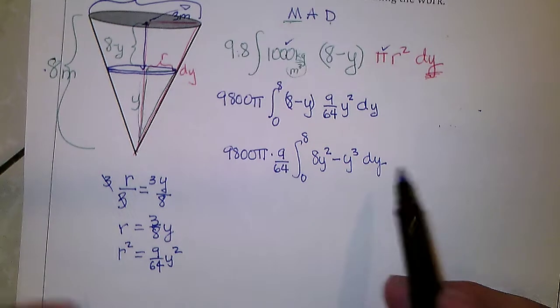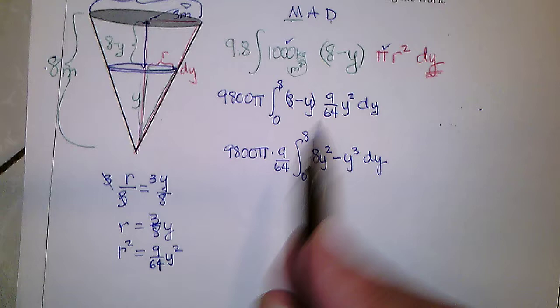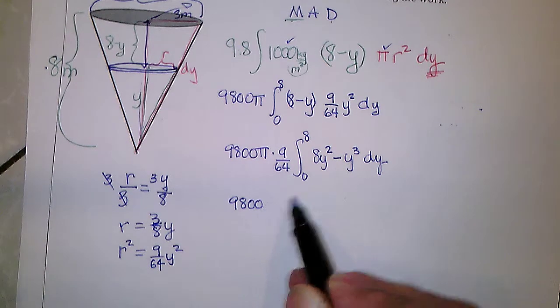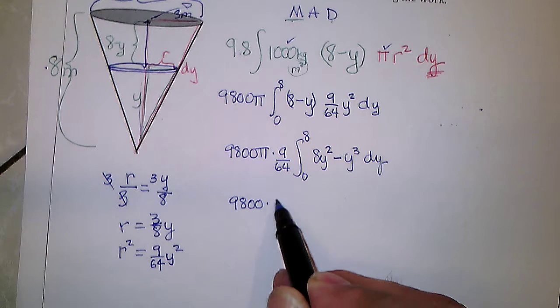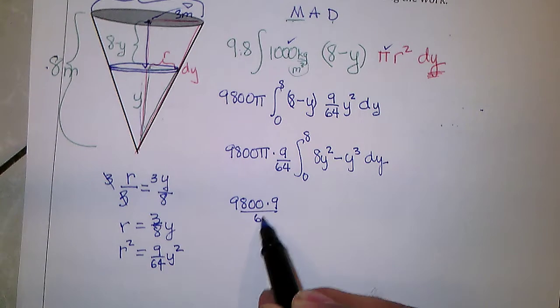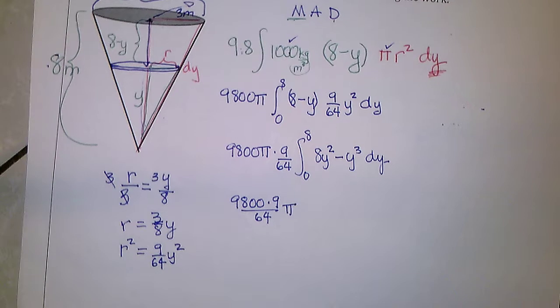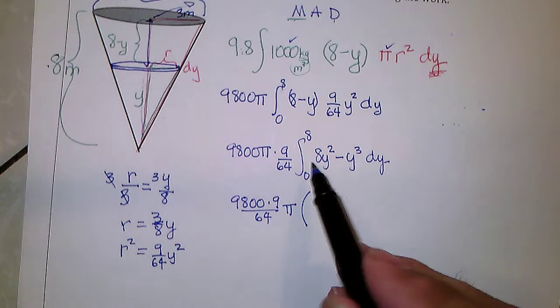Okay, so I have 9800 times 9/64 pi. Just rearrange those a little bit. I can integrate this now.